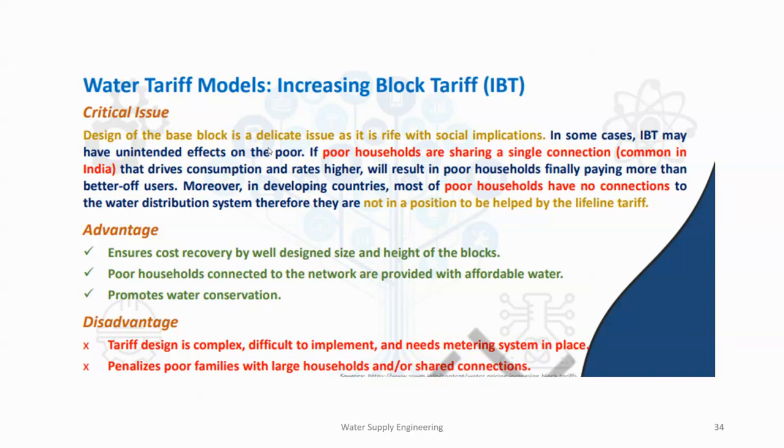But since the tariff calculation is based on the increasing block, due to the higher consumption by the households as a whole, we will have to consider the higher rates. So this will create difficulty for the poor households.